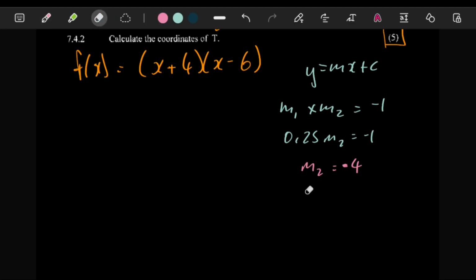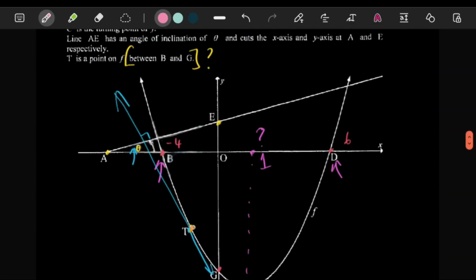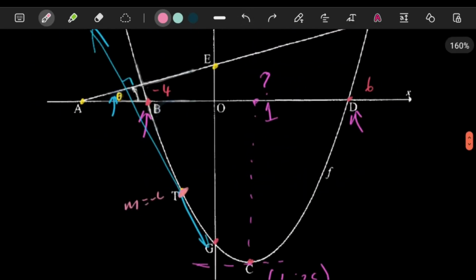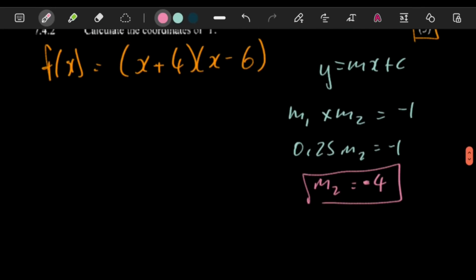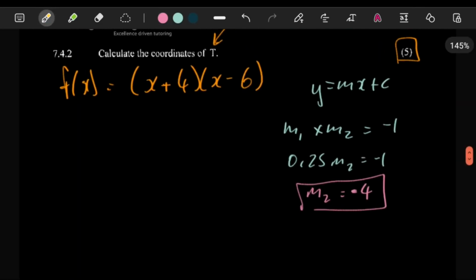We only need the gradient, because if you know the gradient at this point is negative 4, you can just use that gradient to find the point of contact using your curve. You don't have to equate the two equations. On the fly, you can always change your mind as long as it's making sense and practical. Don't just carry on and do crazy things, because here we're not going to get the y-intercept anyway. So, yeah. Let's see.